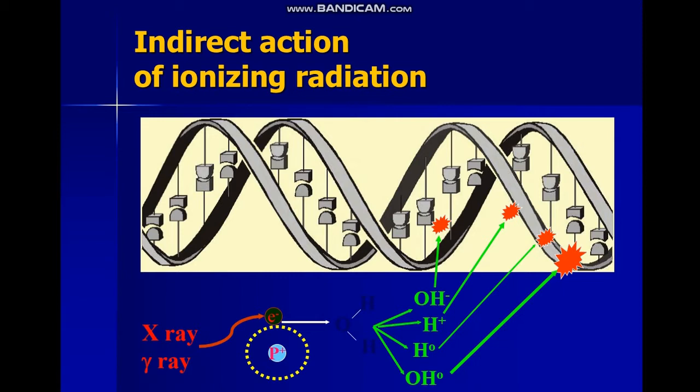The result is the production of free radicals, which are atoms or molecules that have an unpaired electron and thus are highly reactive. These free radicals can then attack critical targets such as DNA.